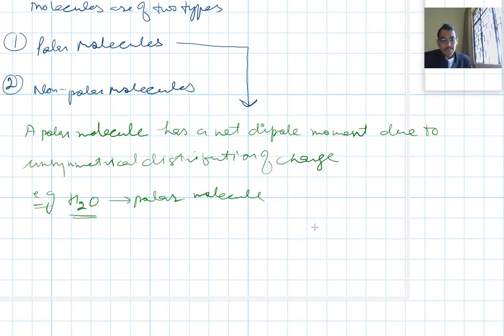If we look at its structure, this is the oxygen and it is bonded to the hydrogen atoms and it has two lone pairs, right? Due to the electron-electron repulsions from these two lone pairs, its structure is bent. Oxygen is partially negative, hydrogen partially positive, and this is the direction of the dipole moment. If we look at the resultant, it will be like this, right? So it has a net dipole moment because these two will not cancel out.